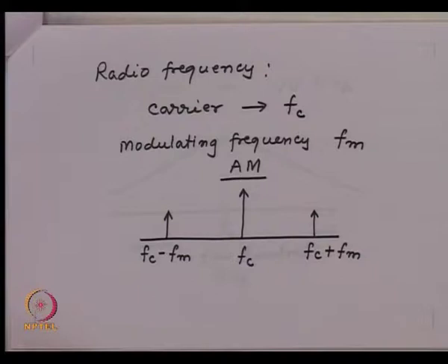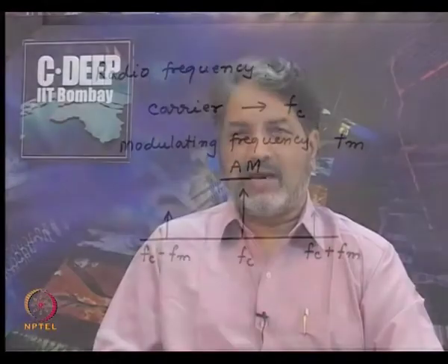So, firstly we saw that if you had a radio frequency carrier Fc, and if you modulate this carrier by signal Fm, then in the spectral domain we get what is called the carrier and the side bands, which are at Fc plus Fm and Fc minus Fm. We are considering here the simplest possible modulation, which is the amplitude modulation.